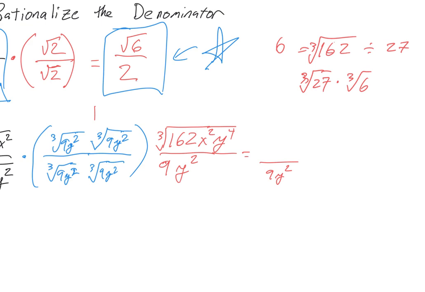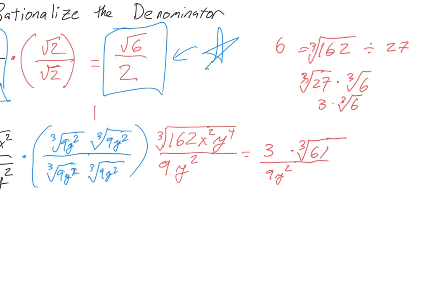And I do that because the cube root of 27 is 3, and then I'll have the cube root of 6. So in my numerator, the cube root of 162 gets rewritten as 3 times the cube root of 6.